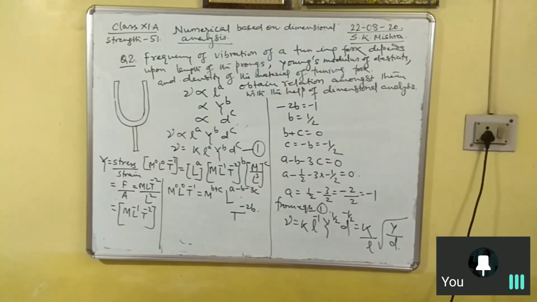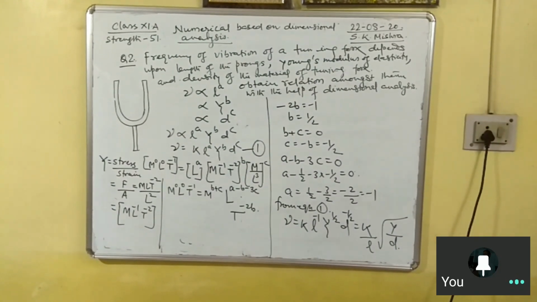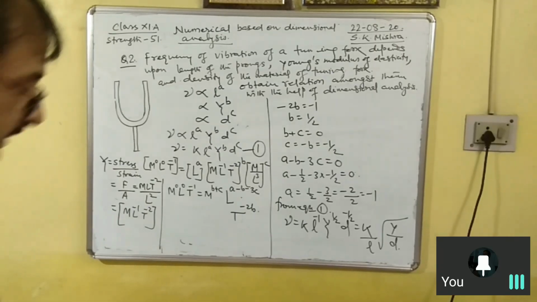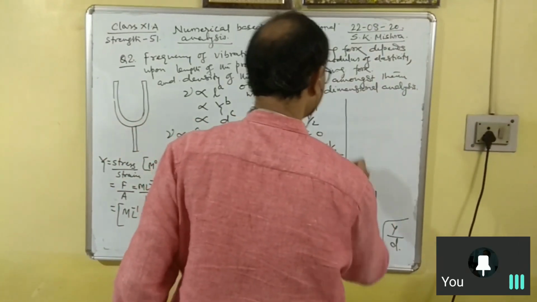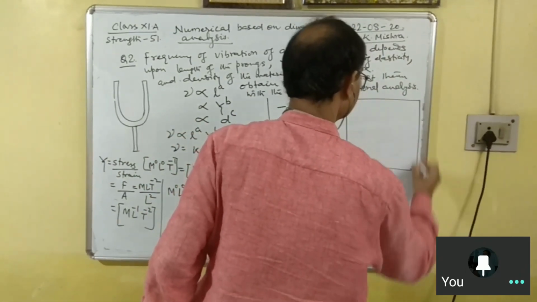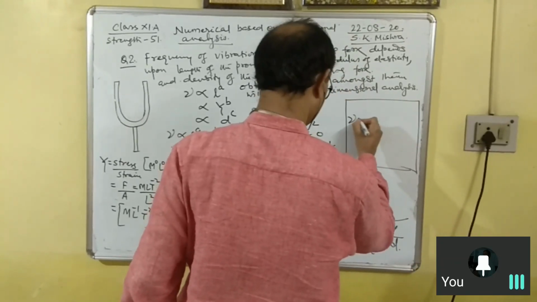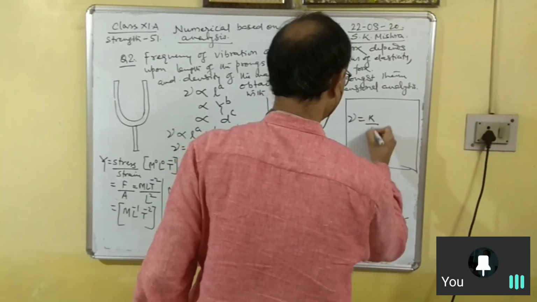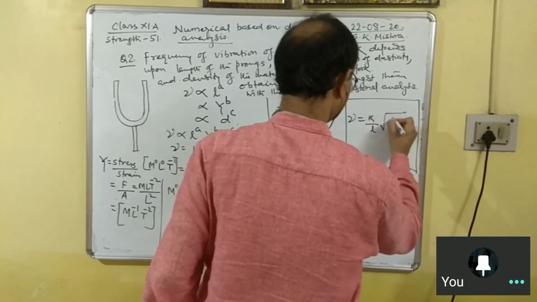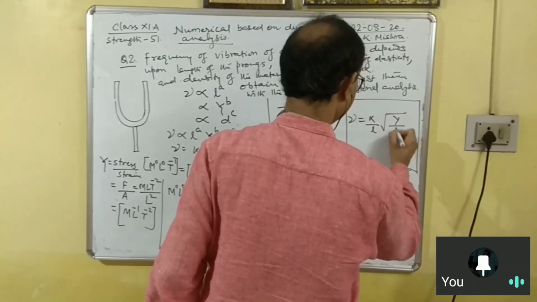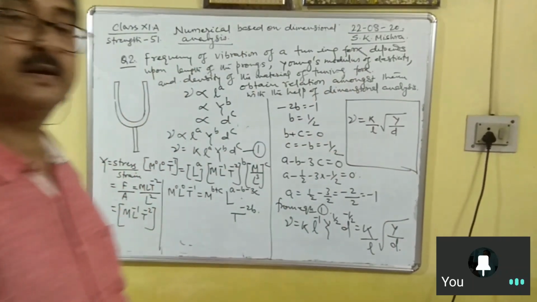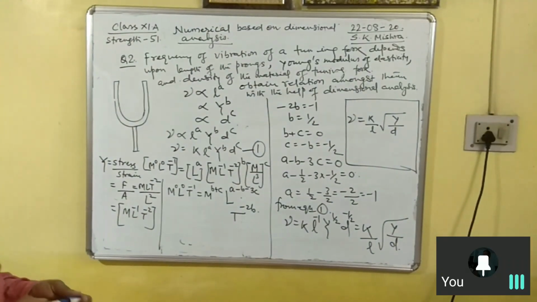So finally the relation comes as nu equal to K by L under root Y by D, Young's modulus by density. So this is the relation.